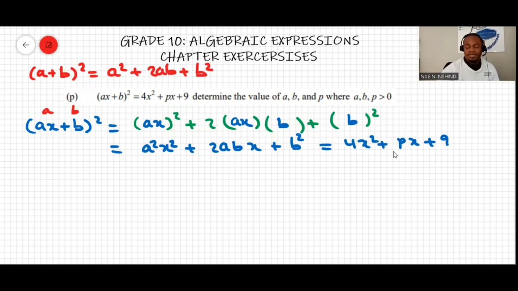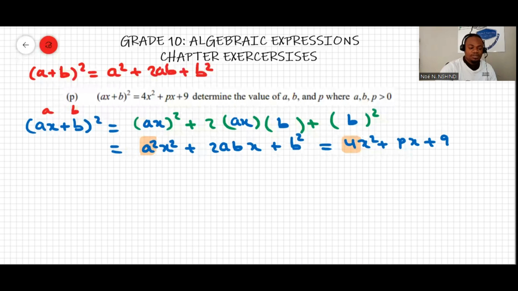Then we can only equate like terms. So I can just take a squared equal 4 because the two terms end with x squared. Then I can also say 2ab equal to p, because they do end with p.